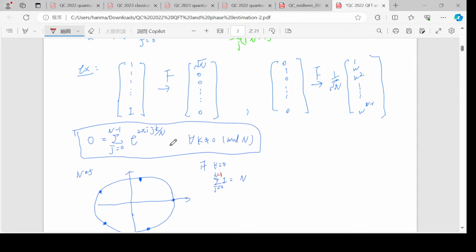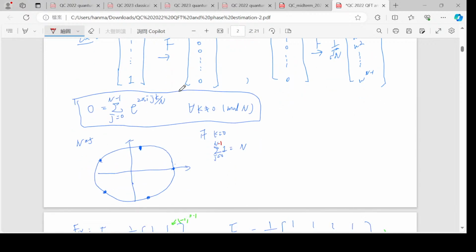You can prove this rigorously mathematically, but I'd like to give an intuitive proof here. The intuitive proof is that if you sum over j and think about how those things look on the complex plane, it's going to be evenly spaced out points on a circle.